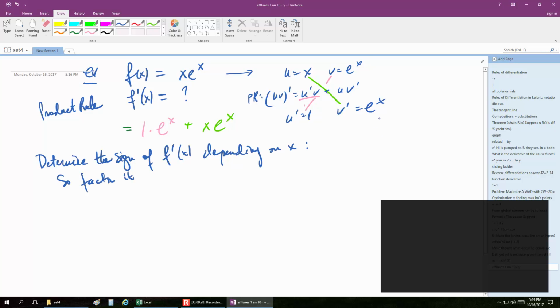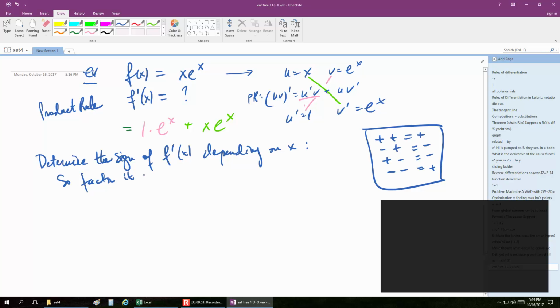Well, because plus times plus is plus, minus times plus is minus, plus times minus is minus, and minus times minus is plus. That's a very simple rule, and it doesn't matter how many factors you've got. You can use this rule as many times as it takes and find the sign of the product.